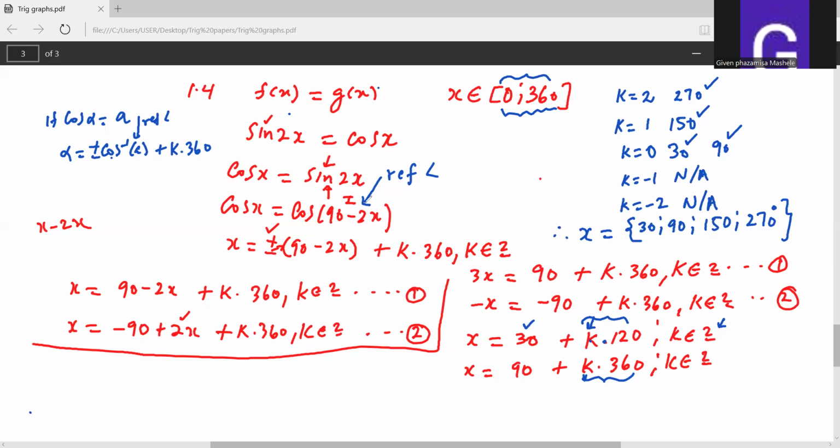But now we used the cofunction, where we change sine to be cos. But those who are in grade 12, ladies and gentlemen, you can also use another approach. Why? Because look at this. Sine 2x, you know this is a double angle.